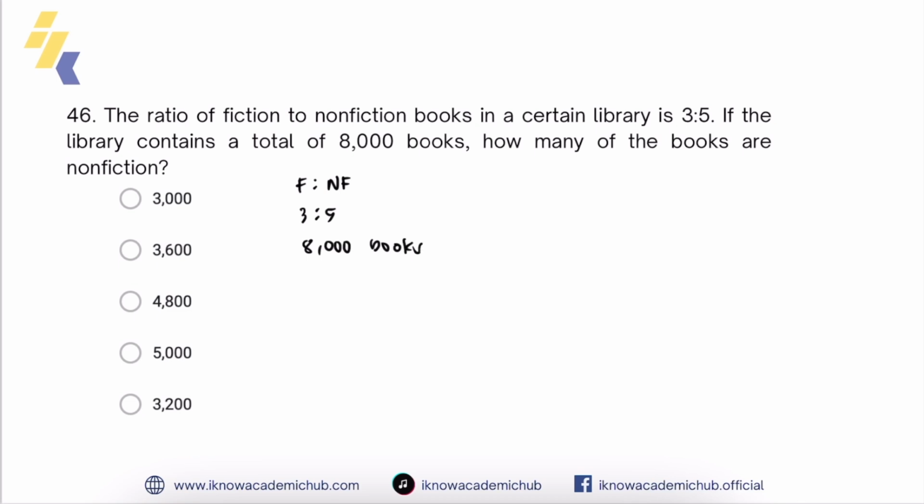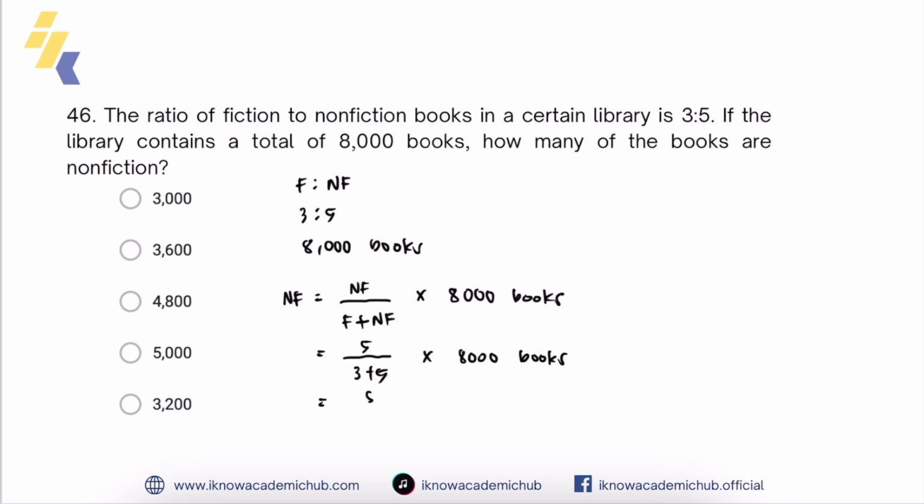Now, to know the number of books which are non-fiction, that is NF, we have to multiply the ratio of the non-fiction and the total number of books, that's F plus NF, by 8,000 books. So we have the ratio of non-fiction to the sum of fiction and non-fiction, that is 5 over 3 plus 5 times 8,000 books.